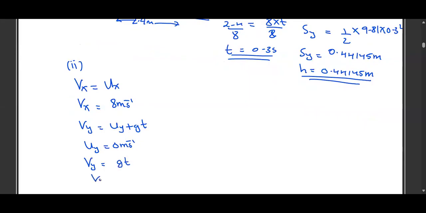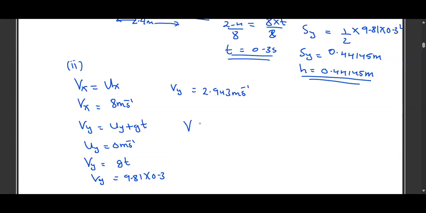Of course, g is given as 9.81 from our cover page. Time is 0.3. If you use a calculator to find Vy, we are coming up with Vy as 2.943 meters per second. That will be the Y component.